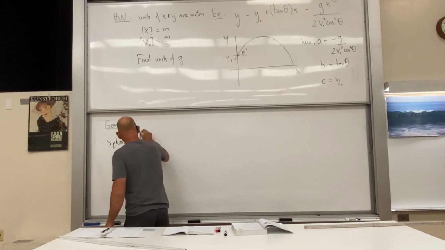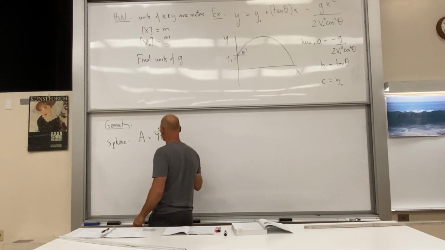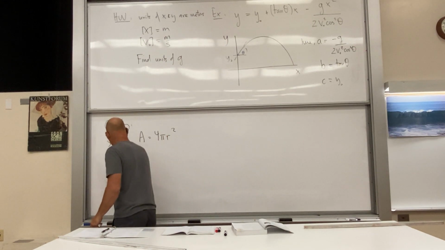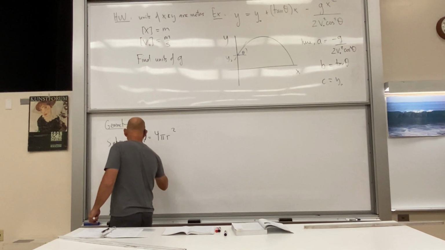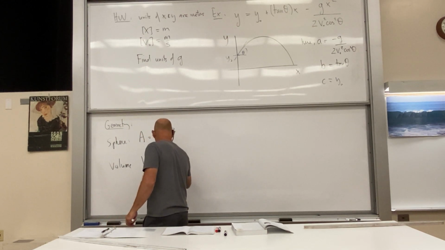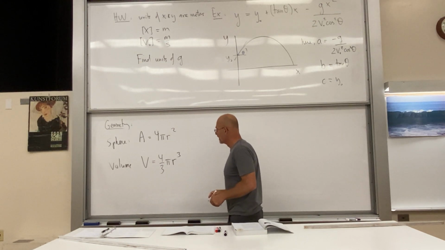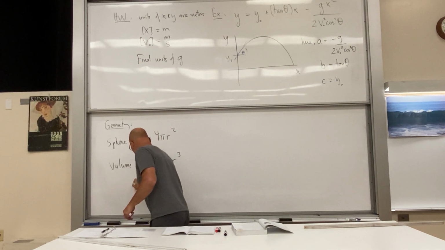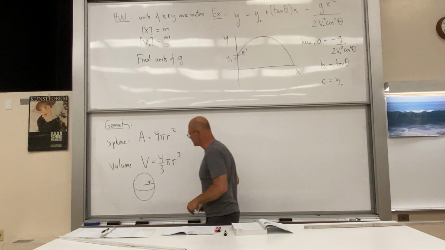Its surface area is 4 pi radius squared, and its volume is 4/3 pi radius cubed. And I'll draw the sphere here just so we have what we're talking about. Radius r of the sphere.